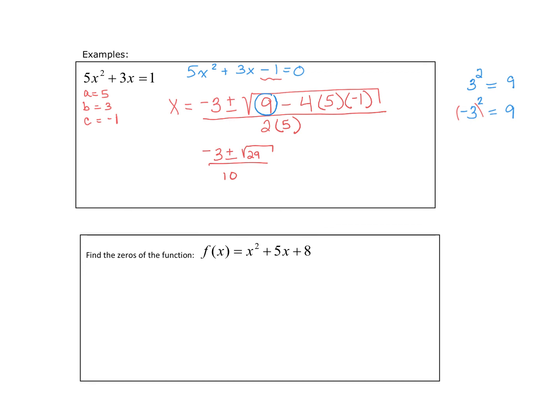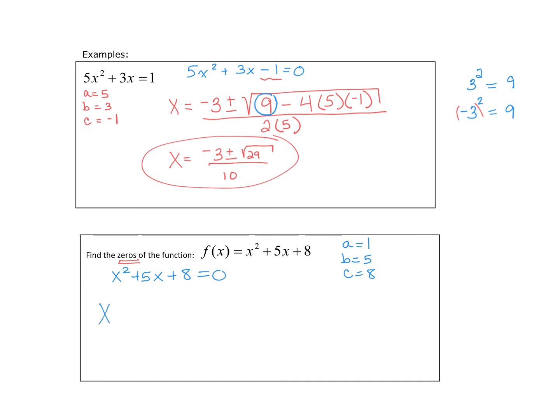Okay. Let's do another example. Oh, and by the way, this is x equals, right? X equals, and there's 2 answers here. All right, find the zeros, which means set this function equal to 0. So we've got x squared plus 5x plus 8 equals 0. In this case, a is 1, b is 5, and c is 8.